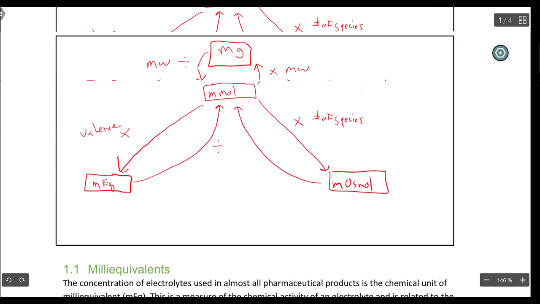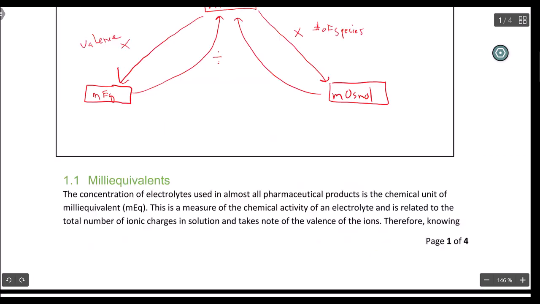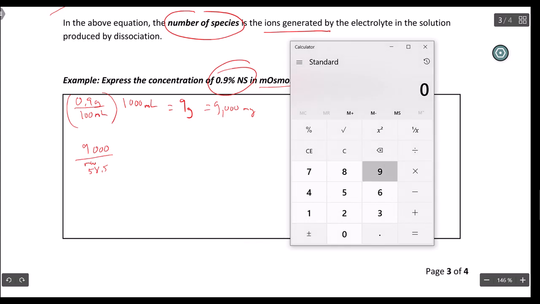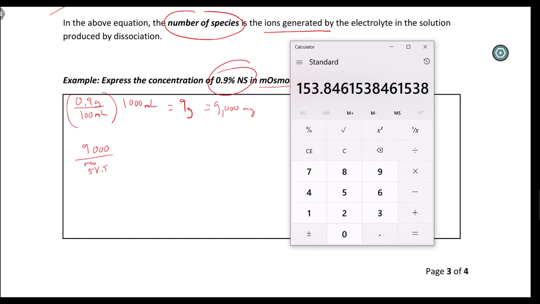So if I take 9,000 and divide by my molecular weight, in our case 58.5, as shown there, 9,000 divided by 58.5 gives us 100 and, oh, sorry. Yes.